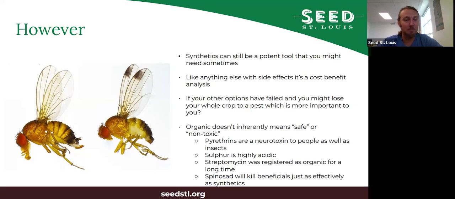And so it's pretty dangerous. You need to be just as careful with it as with any other spray you're dealing with. Sulfur is really effective, but it's also a really fine powder when you get it, and it's highly acidic. So if you breathe it in, it's going to be a very bad day. If you get it in your eyes, it's going to be a very bad day. But it is organic. It's a natural mineral. It's a mineral that you need in your body, but not in the form that it is there.